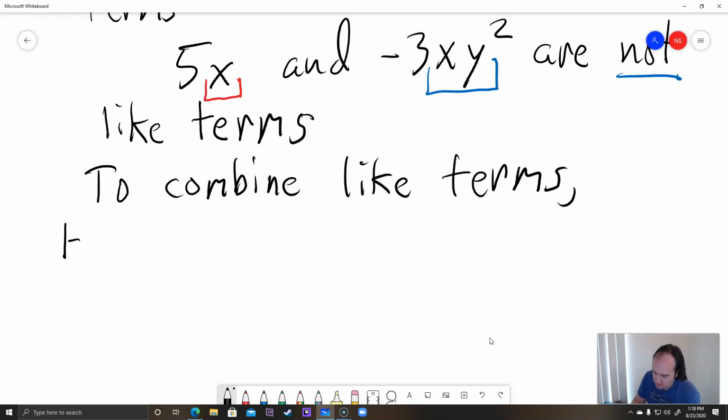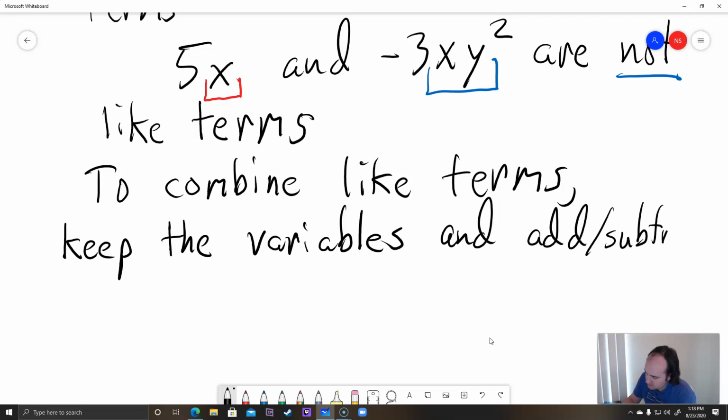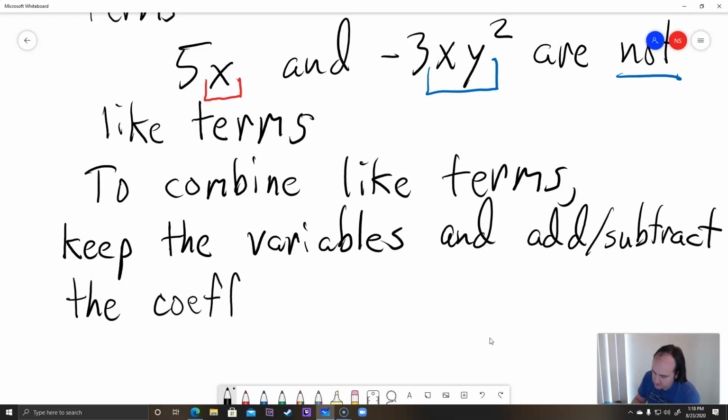Okay, so keep the variables, and add or subtract the coefficients. Okay, that's called combining like terms.